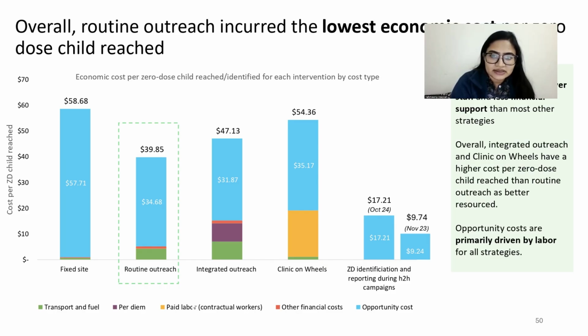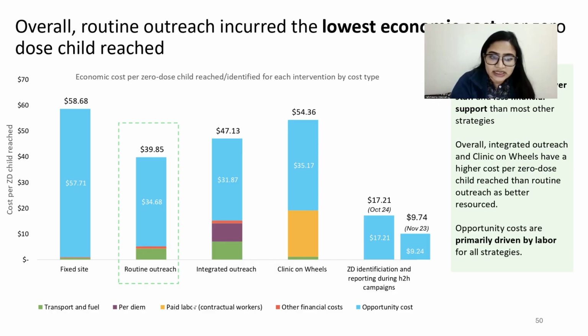So when we compared the economic costing data of these interventions in reaching zero dose children, the routine outreach has the lowest economic cost, which is $39.85 as compared to the rest of the strategies.